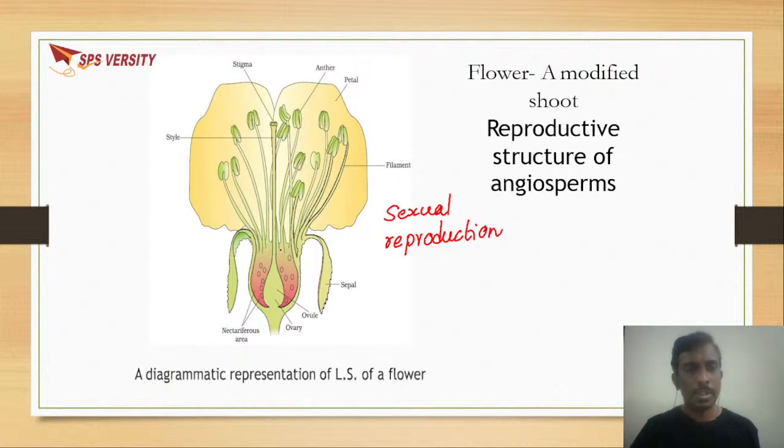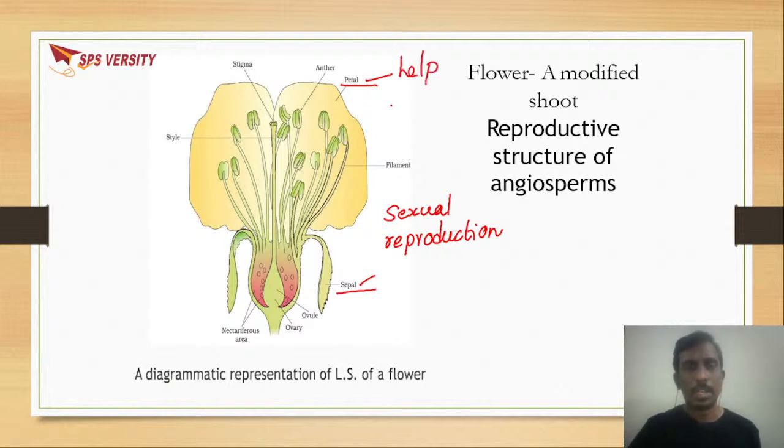In a flower, there are various parts like sepals, petals, stamen, and next carpel. Here, the sepals and petals just help in reproduction.